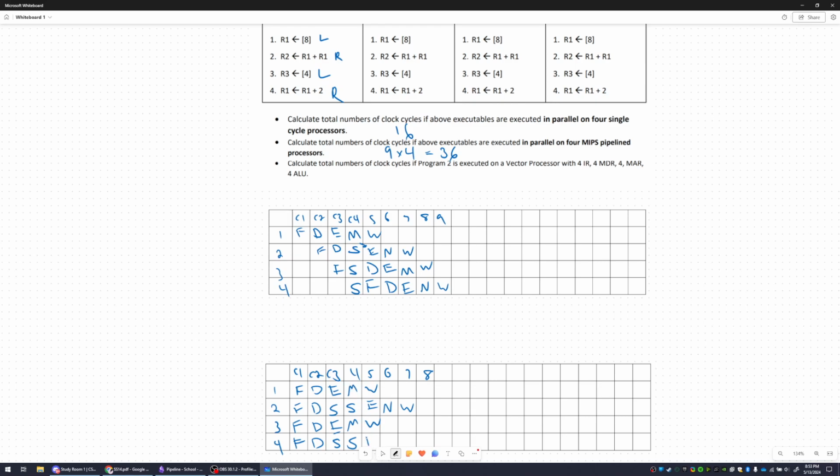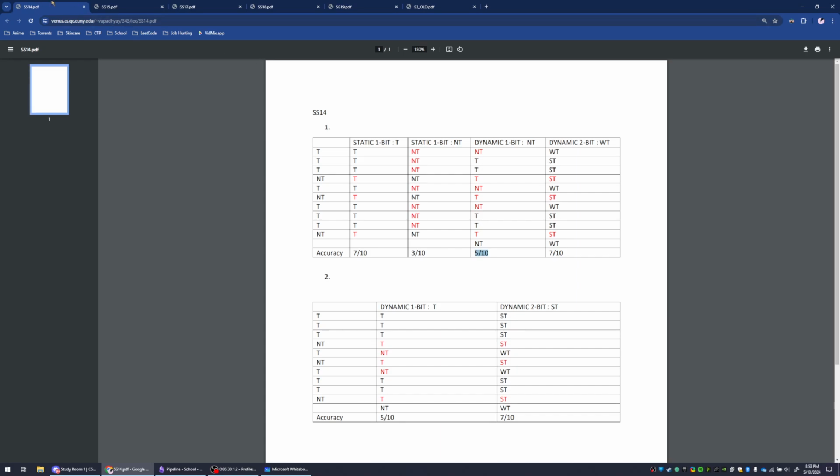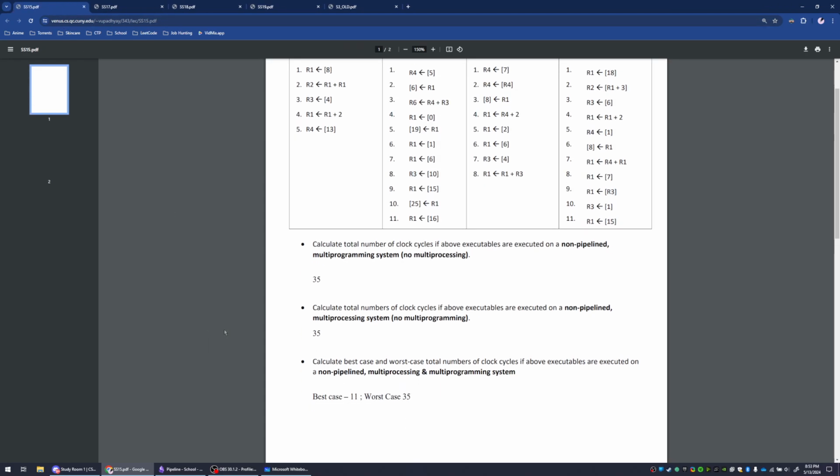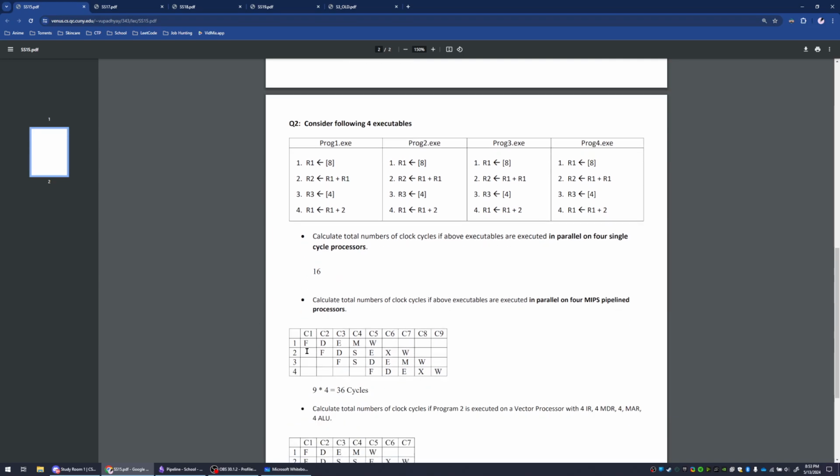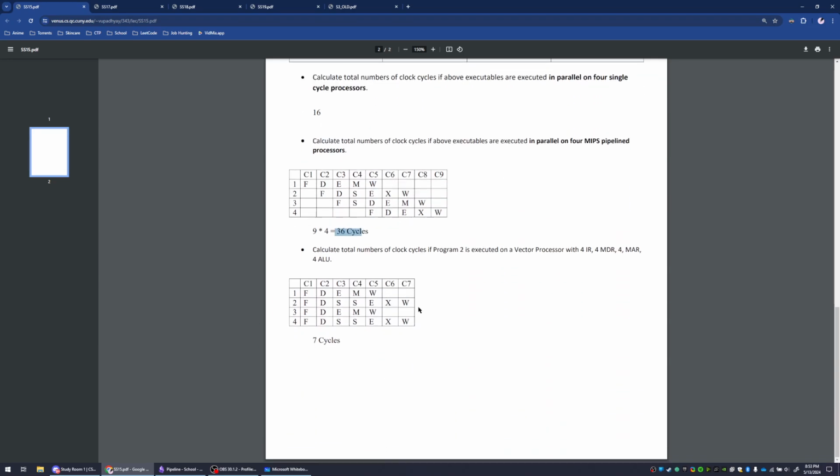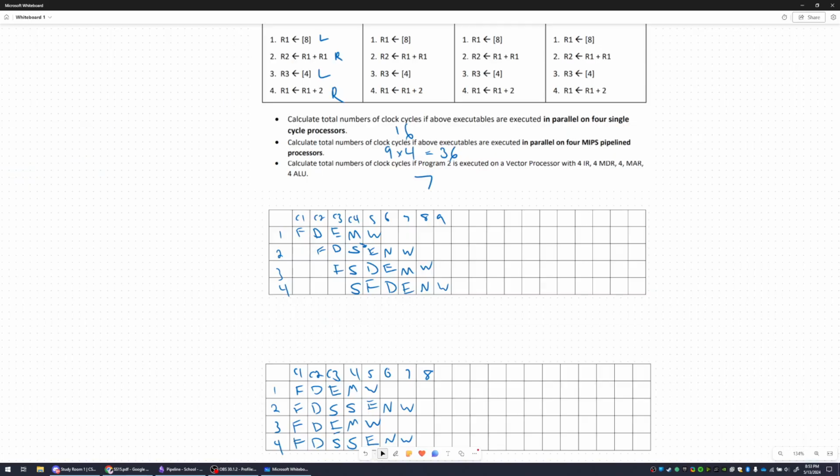So exec, no op, write back. So it should be 7 clock cycles. Let's see if that's right. 35, 35, 11, 35, 16, 9 times 4, 36, and then 7 clock cycles. Yep.